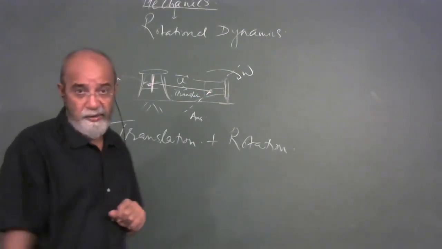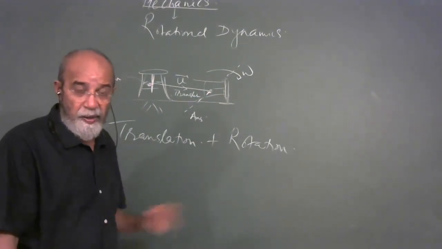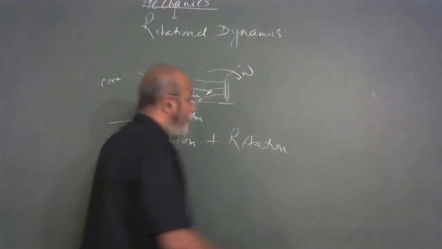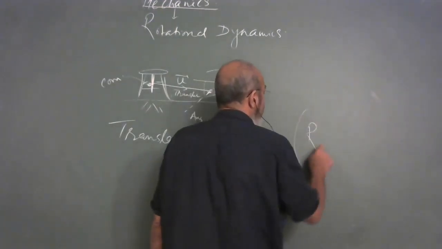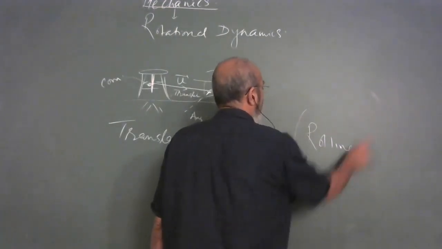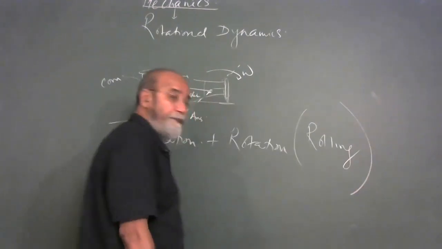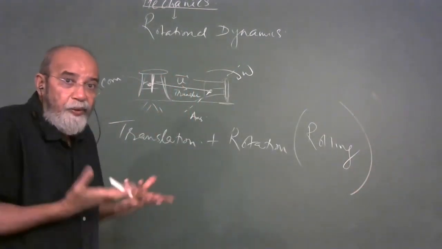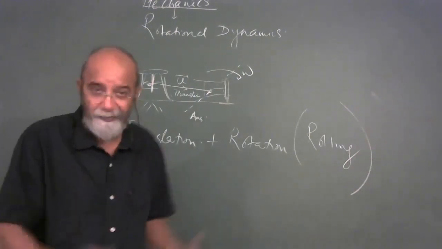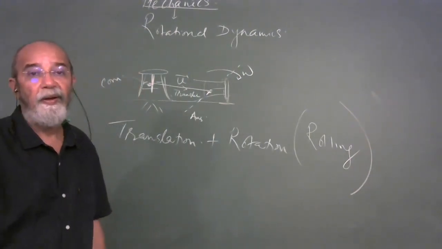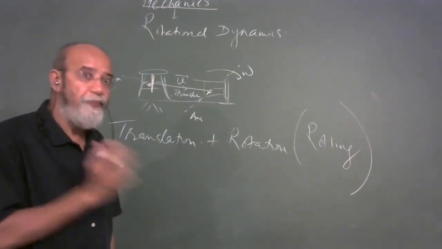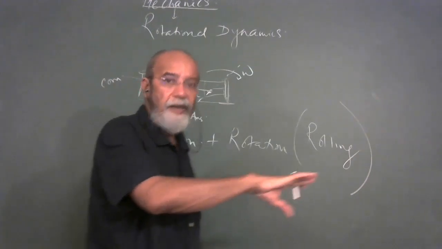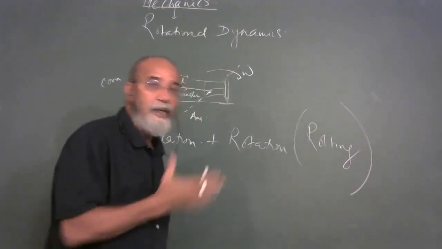So he says that translation plus rotation is what he calls rolling. We all roll in the physics sense. We translate and we keep rotating about our axis as we move.